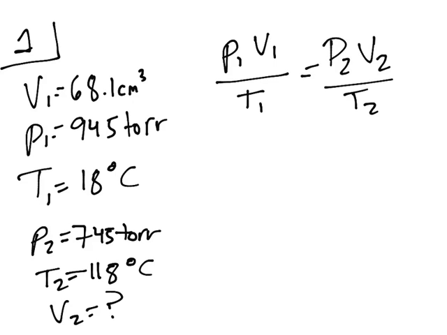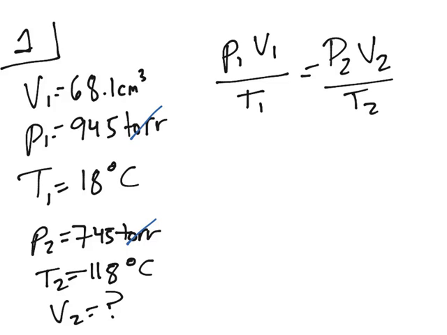But first, let's check the units. Now, if this was the ideal gas law, you'd want to convert the volume into liters, the pressure into atmospheres, and the temperature into Kelvin. However, if you think about it, the torr on the pressure will cancel with the torr, so they won't matter. And we'll get the volume in centimeters cubed.